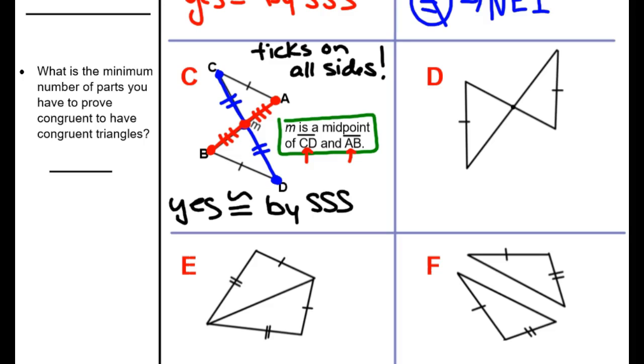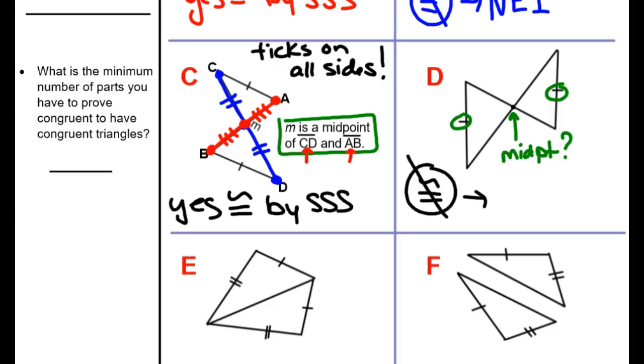If we look at question D, we only have tick marks here and here. In this case, we do not know if this is a midpoint. And so we cannot add marks like we did in question C. So then we say that congruent, no, not enough information.